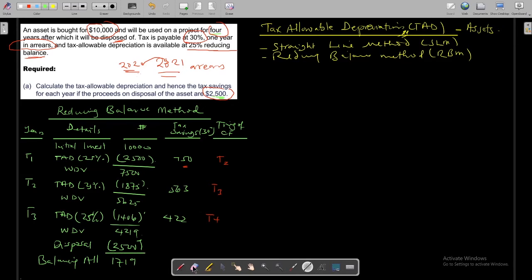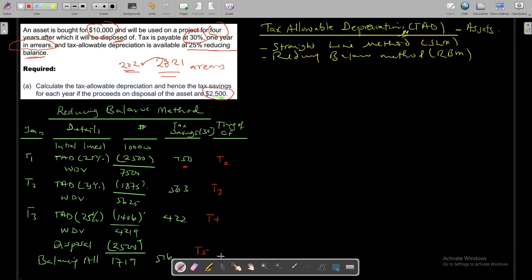The capital allowance saving will be 516, that is 1719 multiplied by 30%. So the timing of the cash flows will be in year 5.